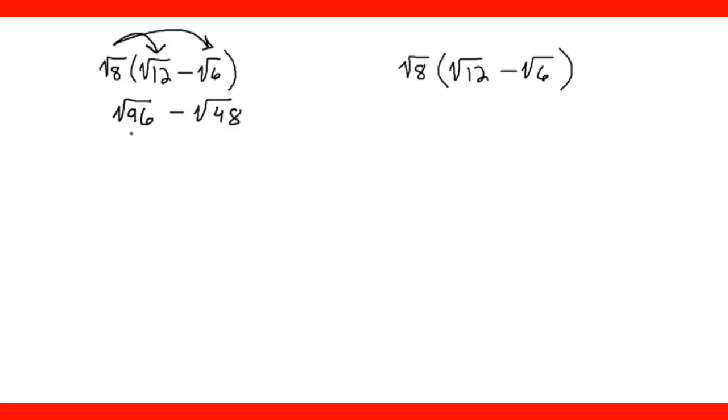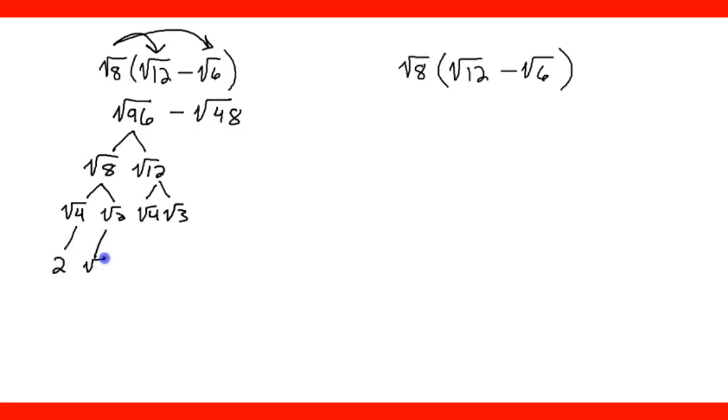Now, as we had in the last problem, I'm going to have to break this down. So I know from where I started that this is radical 8 times radical 12. I'm going to keep going, and I get radical 4 times radical 2, and this one is radical 4 times radical 3. I know the square root of 4 is 2. I don't know the square root of 2.